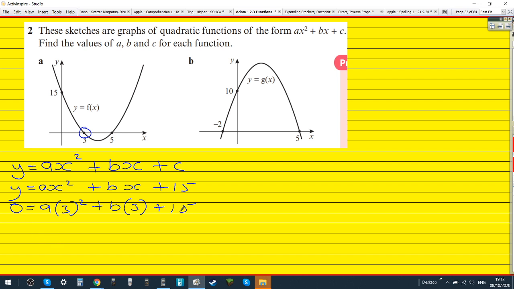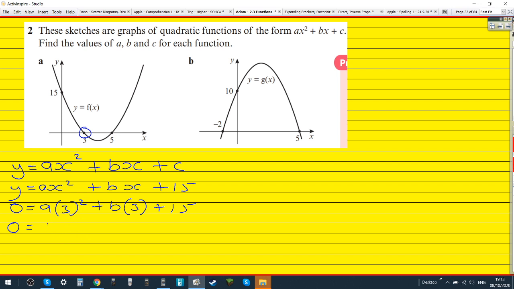So what would this simplify to? 0 equals 3 squared plus 3 plus 15. Would that be right? Well, what is 3 squared? Oh, right. 9.